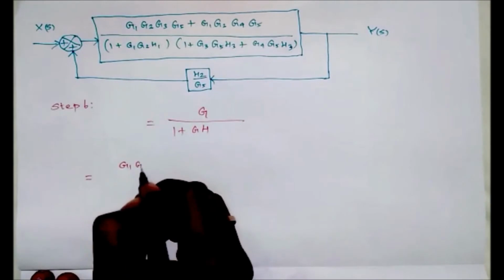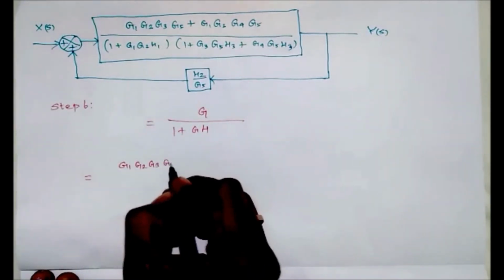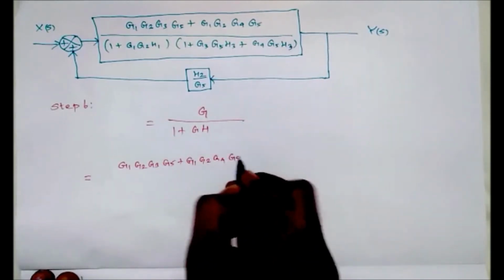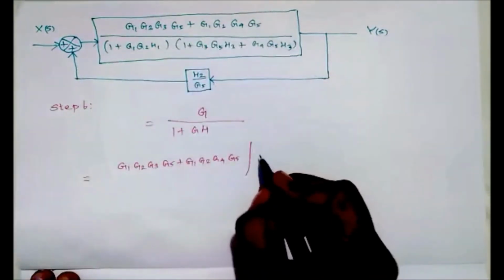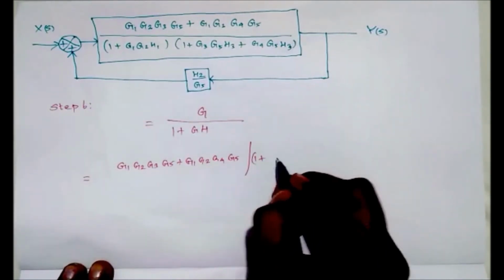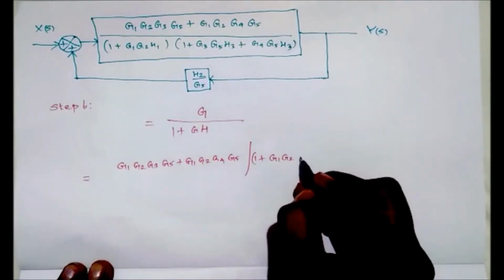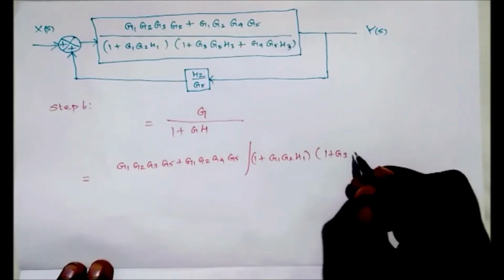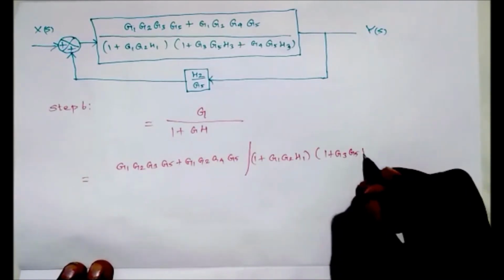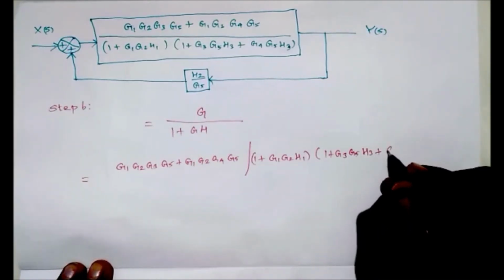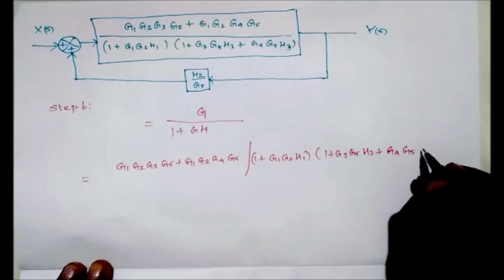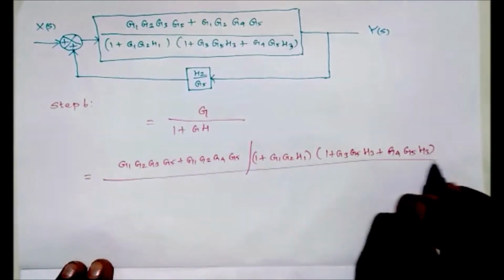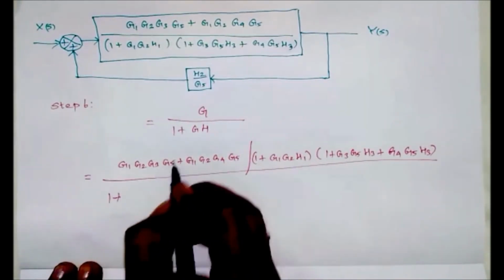G1, G2, G3, G5 plus G1, G2, G4, G5 divided by the same thing, 1 plus G1, G2, H1 into 1 plus G3, G5, H3 plus G4, G5, H3. This is the gain now, divided by 1 plus the same gain.